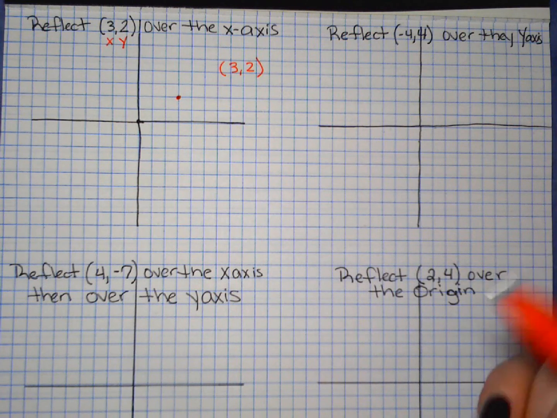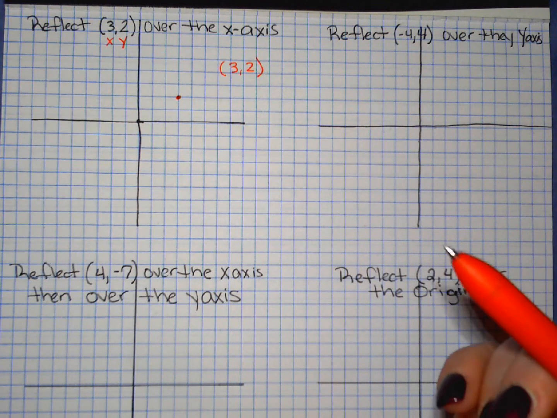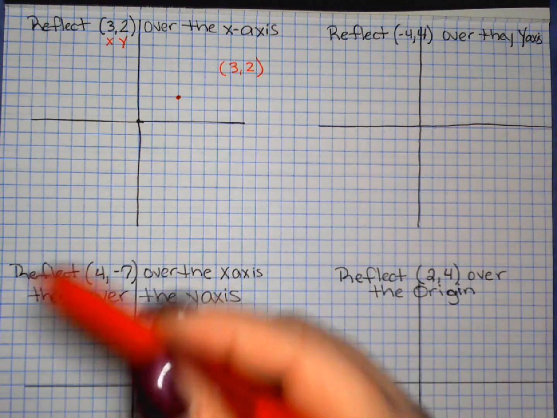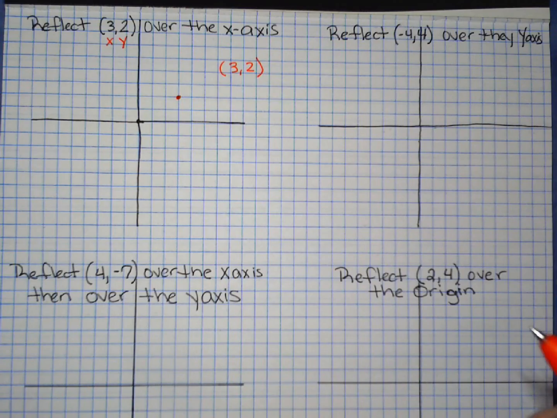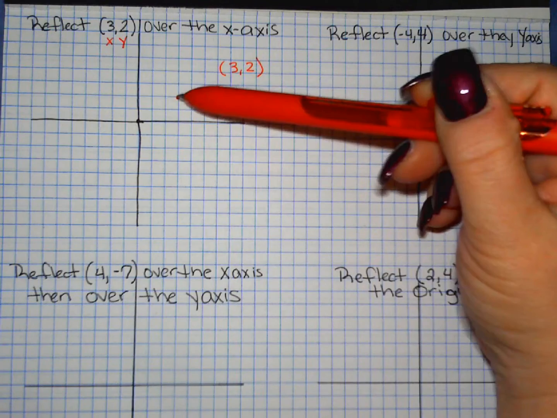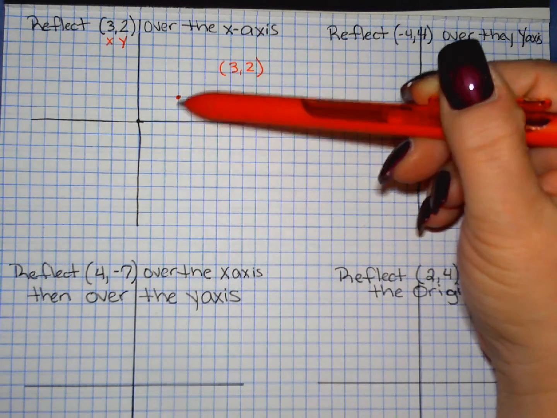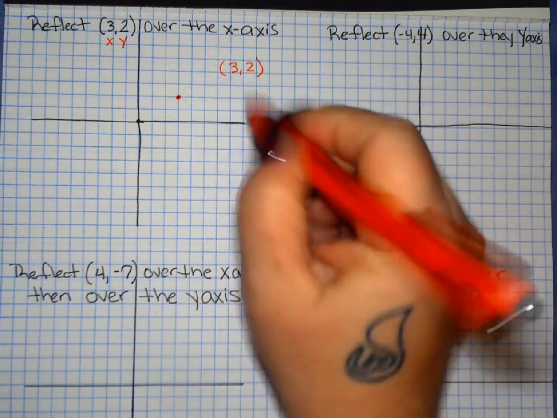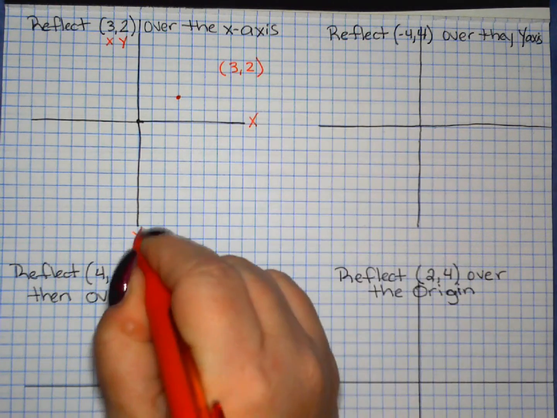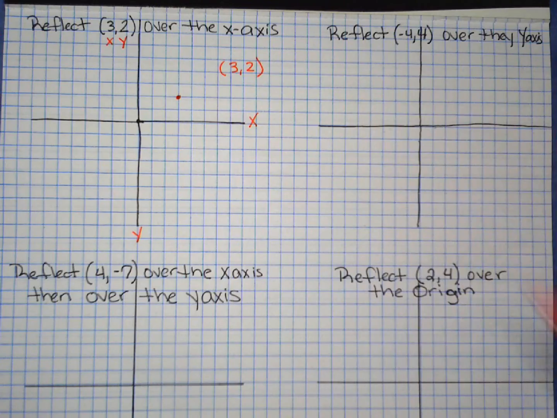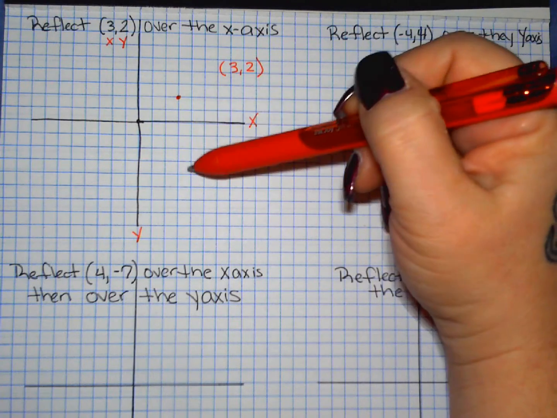So when I reflect it, I'm finding the point on the other side that matches it. So on the other side of the x. So if I'm reflecting over the x, that means I gotta jump over the x. Remember, this is the x, this is the y. Okay? So I'm jumping over the x to find my reflection.